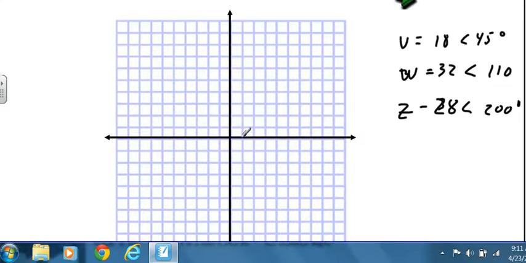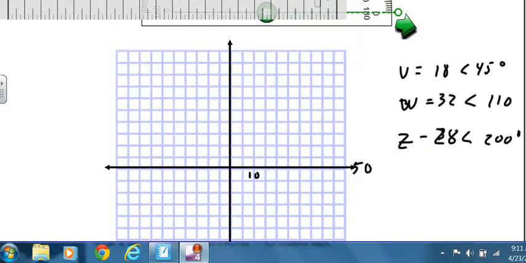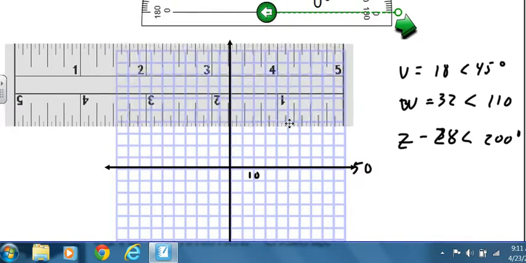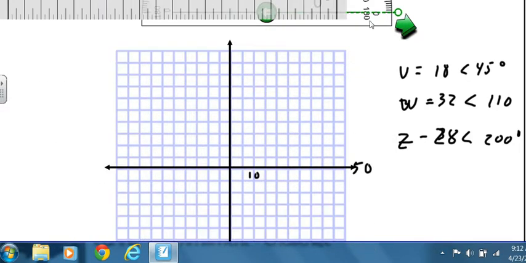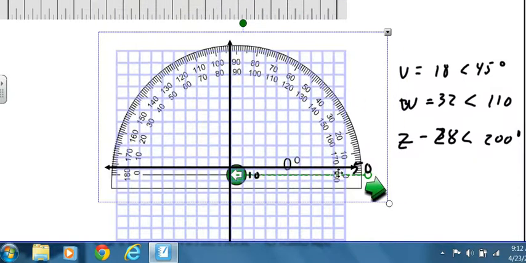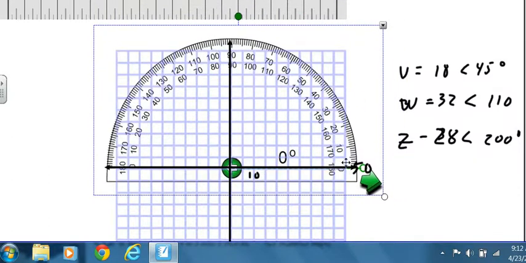So if I say 5, 10, 15, 20, 25, 30, 35, 40, 45, 50, that ought to be okay. So I'm going to go up in 5s. We're going to put my protractor there.